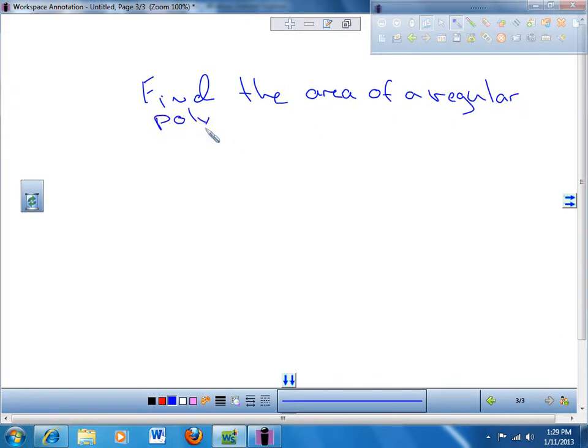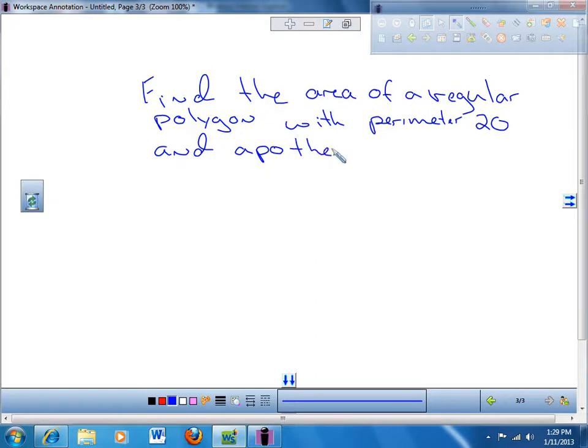A polygon with perimeter, let's say 20, and apothem 6.1. Let's call it feet. Could you do that? Yeah.